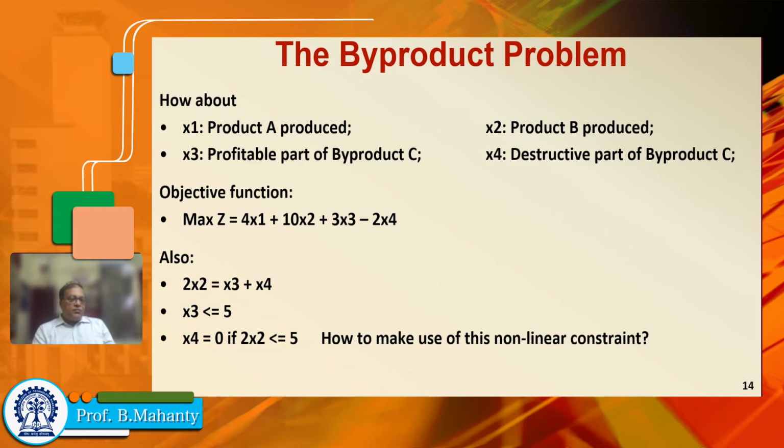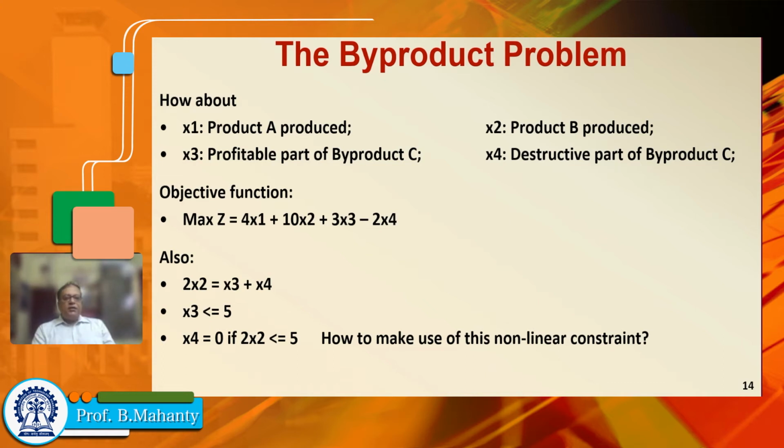This is another problem. And another problem is that suppose x2 equal to only 2. So if x2 equal to 2, then 2x2 equal to 4. If 2x2 equal to 4, then we are assuming that x3 should be the entire 4 and x4 should be 0. But suppose x3 becomes 1 and x4 becomes 3.